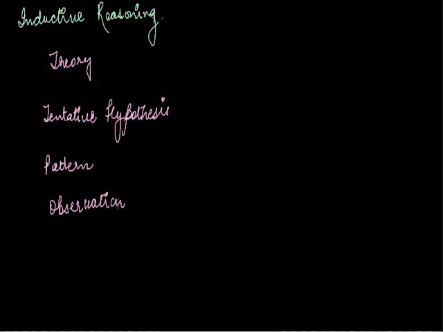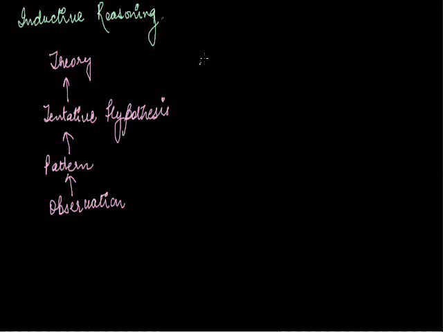But over here what we will follow is a bottom up approach. First we have observations, then we will try to make some pattern. Using that pattern we will give some tentative hypothesis, and finally it is theory. So this is a kind of reasoning where we are using bottom up approach, and it is called inductive thinking.